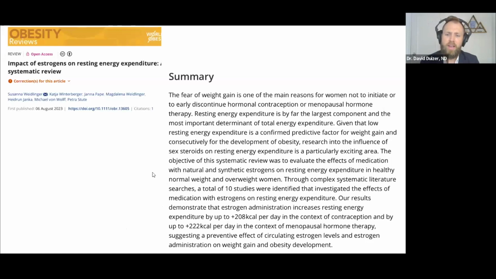The results demonstrated that estrogen administration increases energy expenditure by 200 calories per day in the context of contraception, and by 222 calories per day in the context of menopausal hormone therapy. So bioidentical hormone therapy in menopause increases calorie burn, period. I thought that was helpful just to see what it's like when you look at 10 studies at once: the use of estrogen has a significant impact on calorie burn.